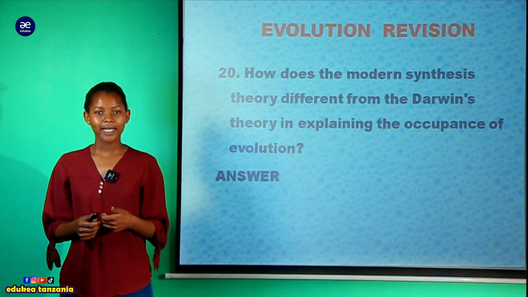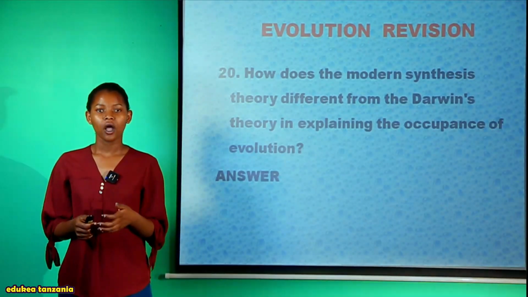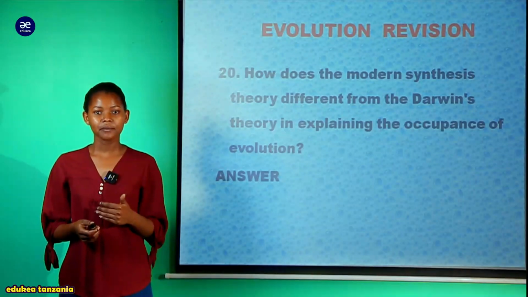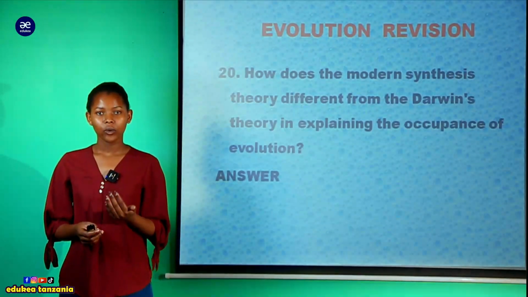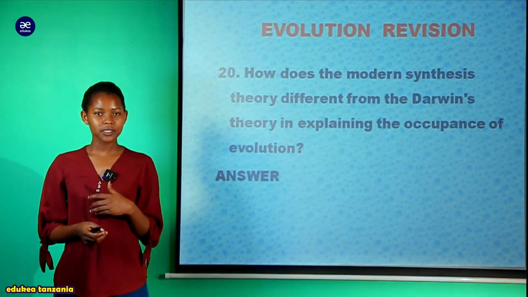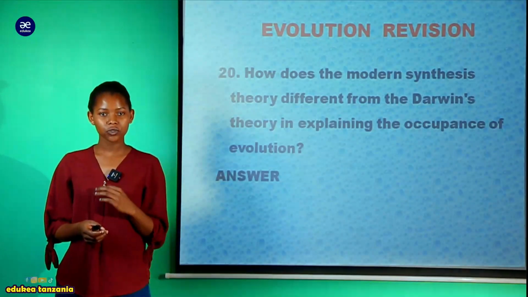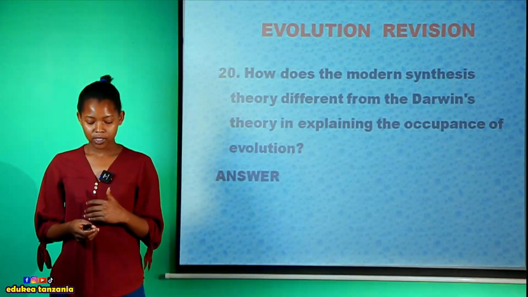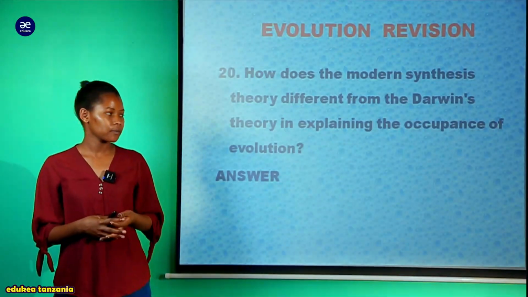So, tutaenda kuangalia on differentiating, tutatumia some key points ambazo zitatuongoza katika kutofautisha theory hizi mbili. We'll differentiate one theory after the other, but by using the guiding points. Tutaangalia na ndo njia rahisi ambayo itakusaidia wewe kudifferentiate vizuri na kupata marks zako zote.